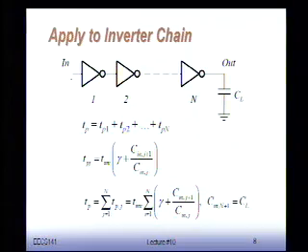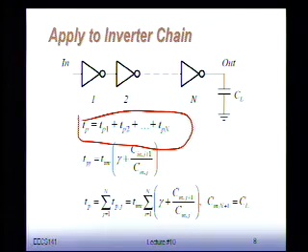Okay? So the beauty of propagation delays, as we discussed before, is that this is an additive property. If I have n gates in a row, the delay of the n gates in a row is the first gate plus the second gate, the third gate. I just add up the propagation delays. And that's the total propagation delay of this chain. So TP is just TP1 plus TP2 plus TPn.